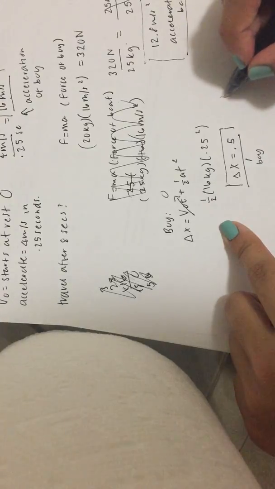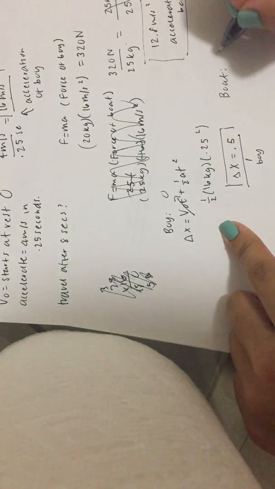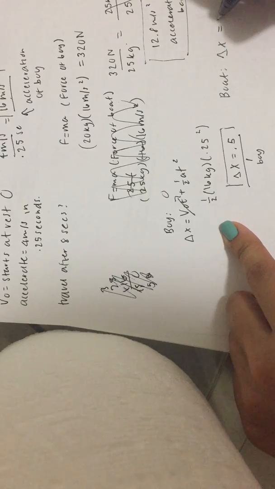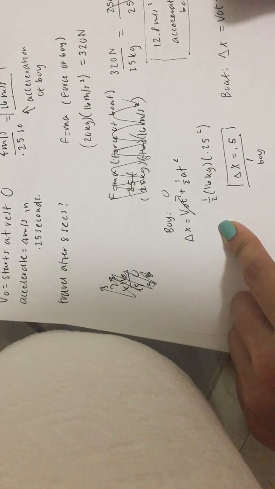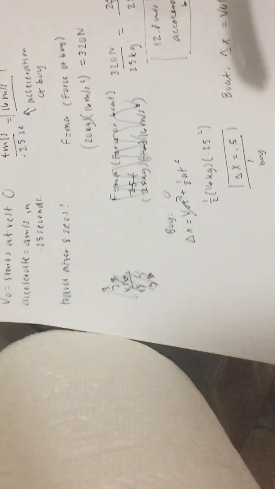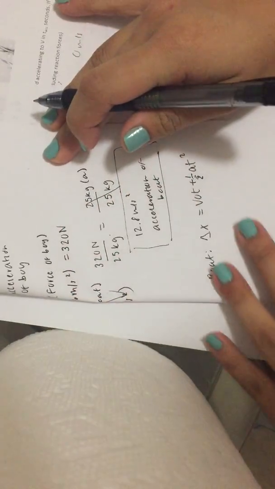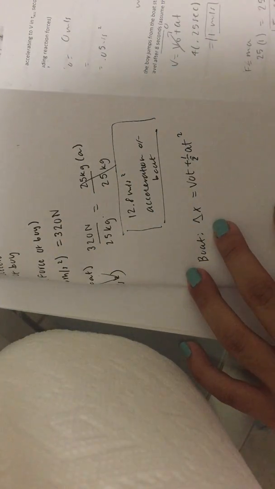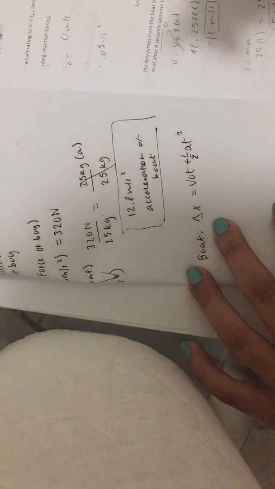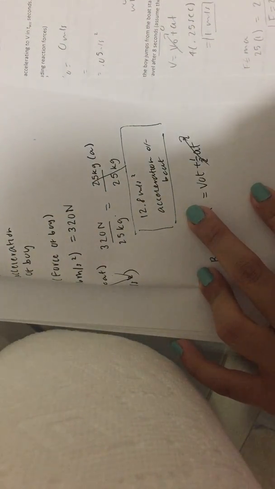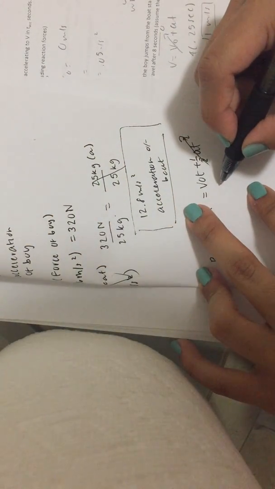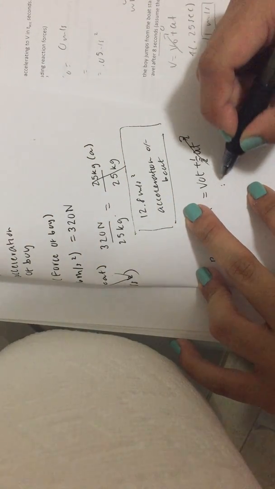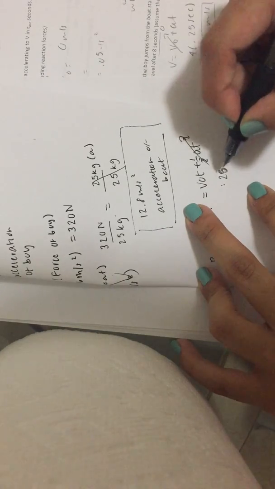And then for your boat, delta x, same equation, v naught t plus 1/2 a t squared. Okay, and then this will cancel out. You would get 0.25.